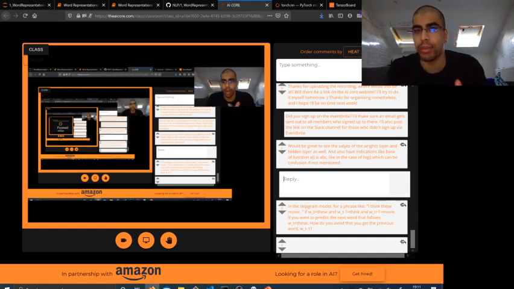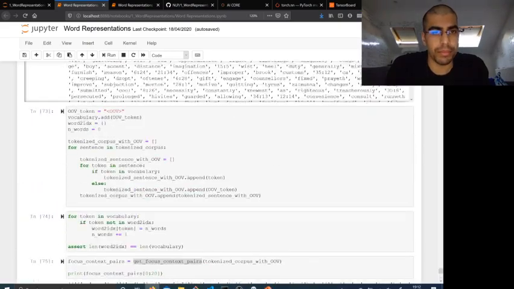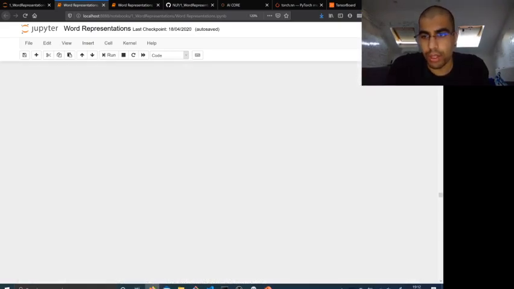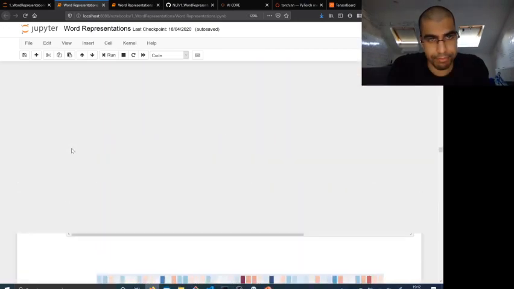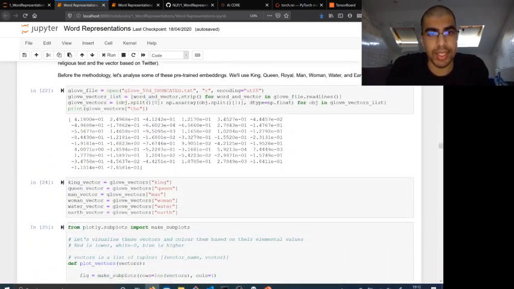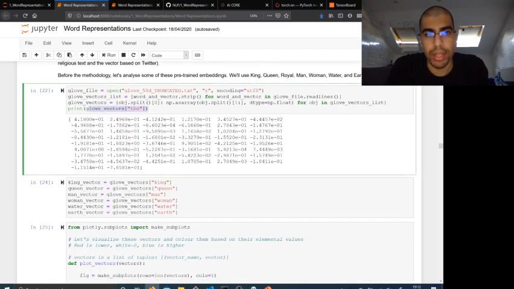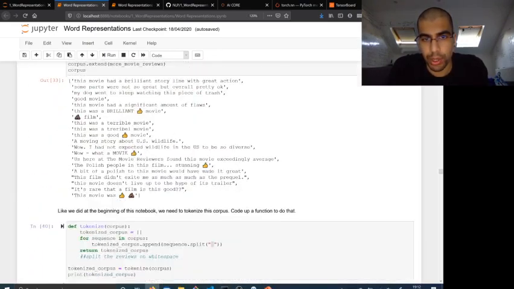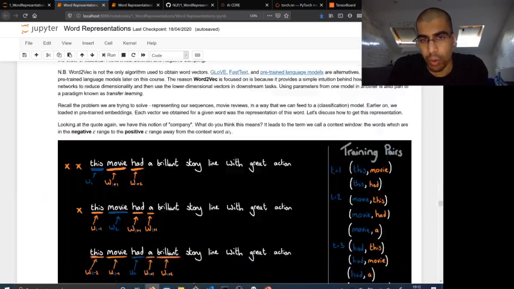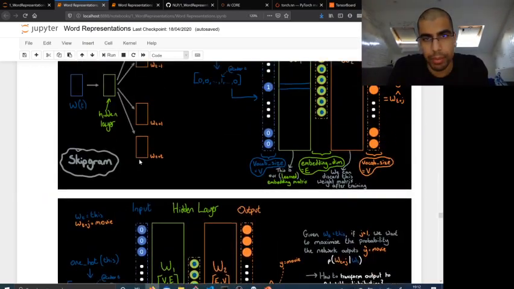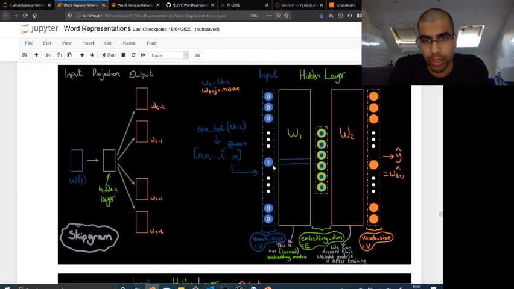As for the first point that you mentioned, the values of the weights layer and hidden layer, that's an interesting point. This is the hidden layer for the word "the", right? All that's going on in Word2Vec is that because our input is a one-hot encoding and we have this weights matrix, the value of the hidden layer is this vector.